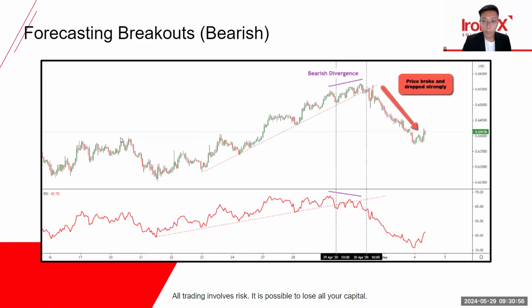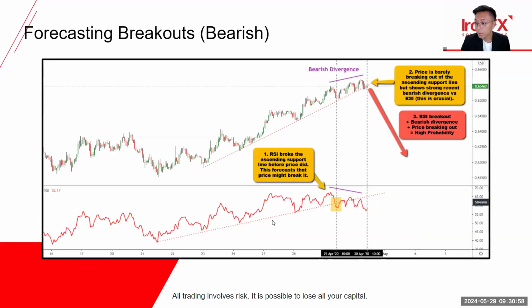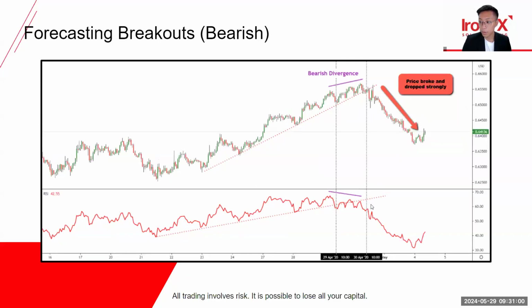Remember for RSI, usually once it's close to 70 and it shows a breakout, then I will look to sell, because firstly we have confirmation that price has already broken out of the ascending support right here for RSI.